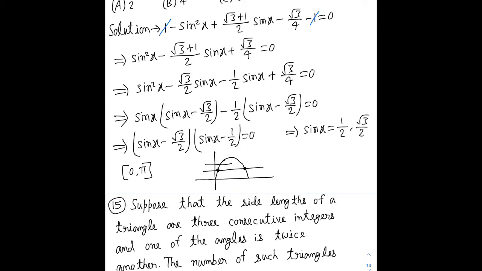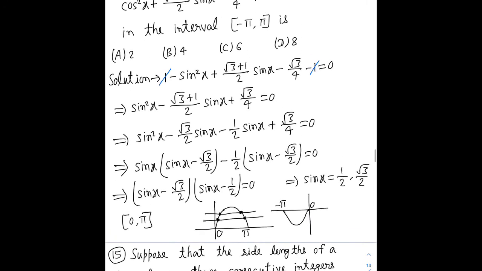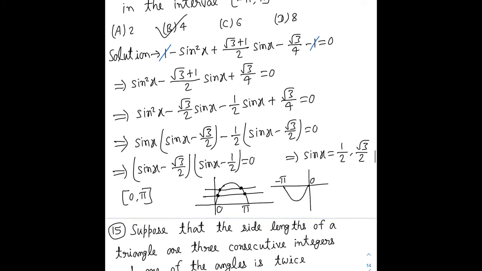If it is root 3 by 2, again at 2 more points. So, you will get 2 plus 2, 4. But if the interval is minus pi to 0, over there sin is negative, so it can't be positive, right? Then there are only 4 values. So, answer would be option B.